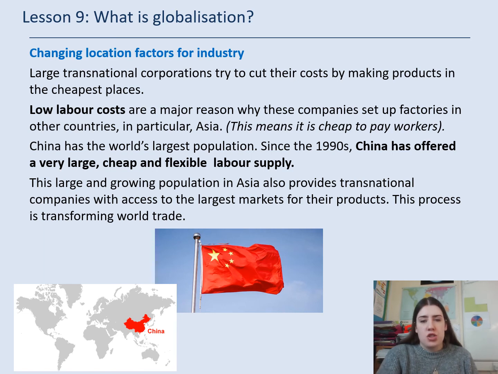And places such as China have offered a very large, cheap and flexible labor supply. So it means they're quite competitive. A lot of people will find it hard to compete with those kinds of prices and the amount that they provide.